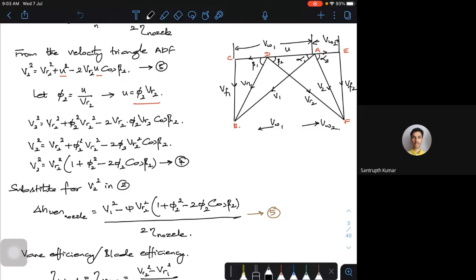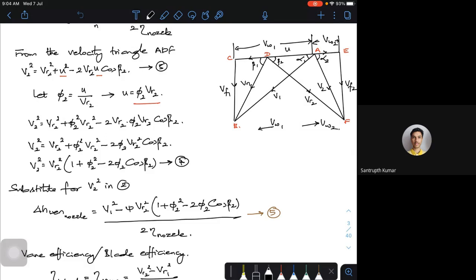Now, I am going to define a speed ratio with respect to my relative velocity. Already we have defined a speed ratio with respect to absolute velocity, that was phi, phi is equal to U by V1. Similarly, I am going to define phi 2 as U by VR2, or U is equal to phi 2 into VR2.